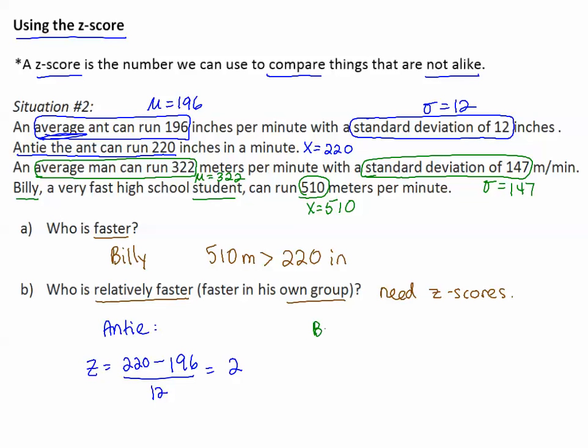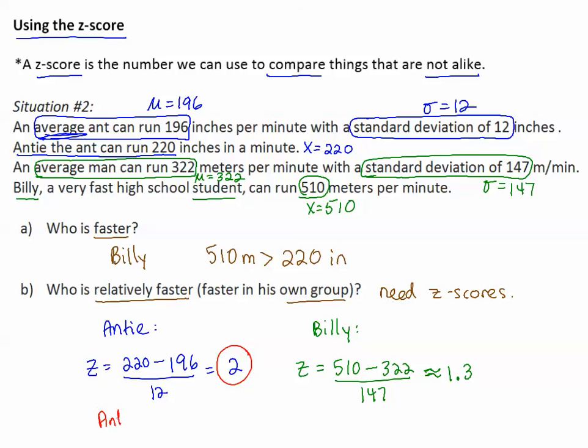Now let's calculate Billy's z-score. We start with the data value, subtract the mean, and divide by the standard deviation. His z-score is approximately 1.3. So who's relatively faster? Well, this is a z-score that's more above the mean than 1.3.